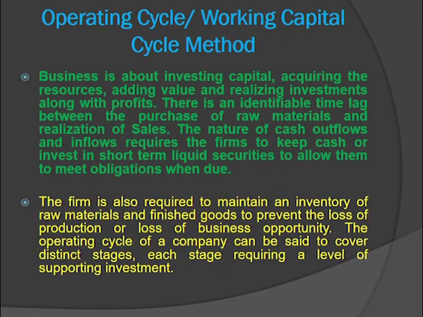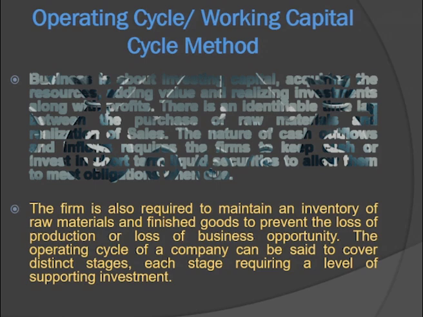That is why we need to see that the operating cycle length, or the time taken to convert the raw materials into finished goods and into cash, is as small a period as possible. Otherwise, lengthy periods will definitely take more investment in current assets. So, that is why it is not desirable.